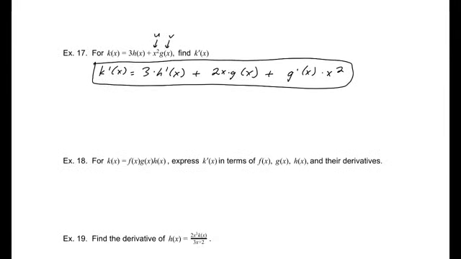All right. For k of x equals f of x times g of x times h of x, express k prime in terms of f, g, h, and their derivatives. All right, so let's go ahead and think of this as our u, and these last two as our v function.